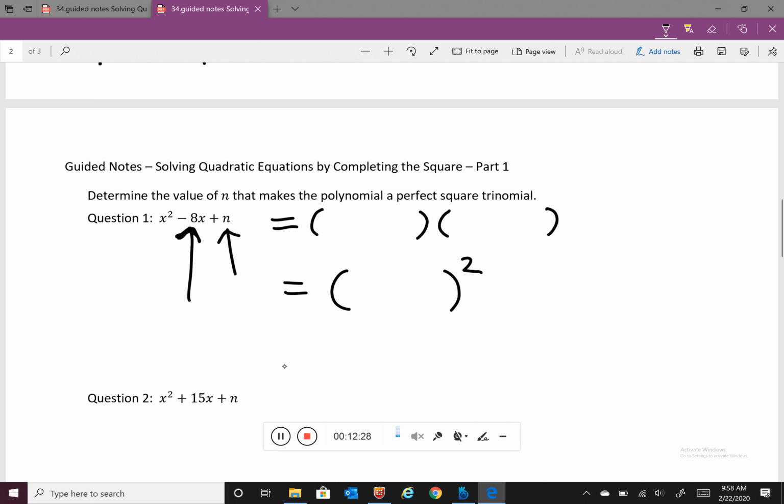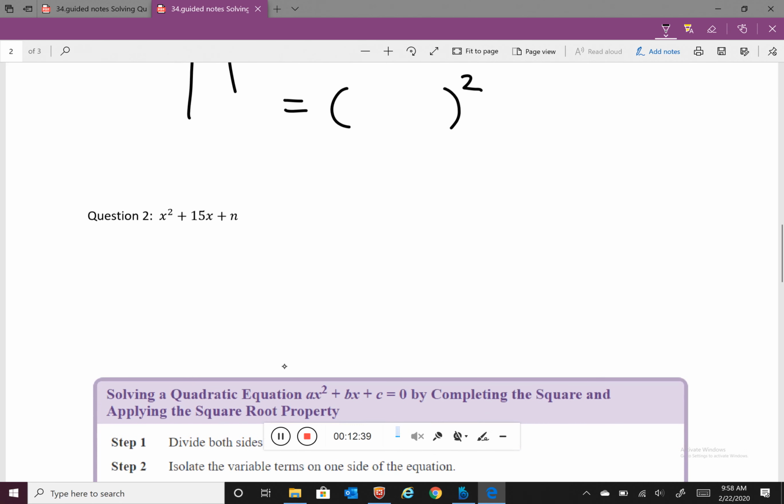Is it plus or is it minus? And your next question, x squared plus 15x plus n. So you're trying to figure out what is n, so that when you factor this, it is going to create a quantity squared.